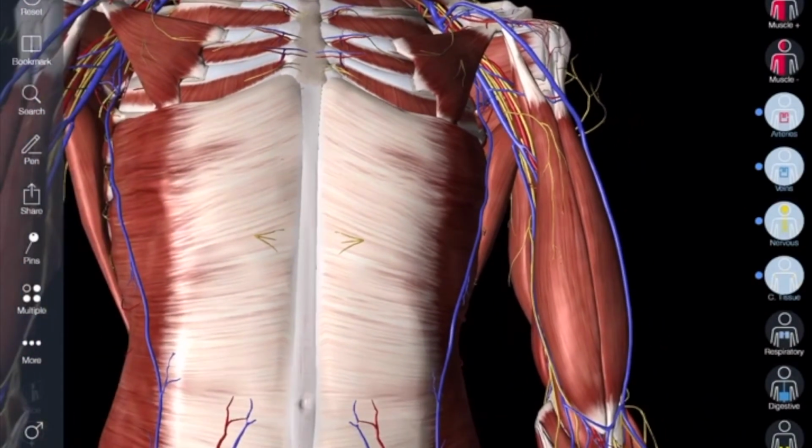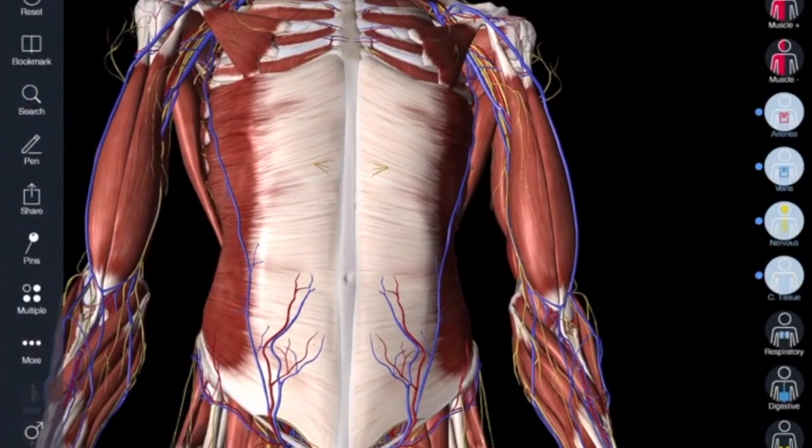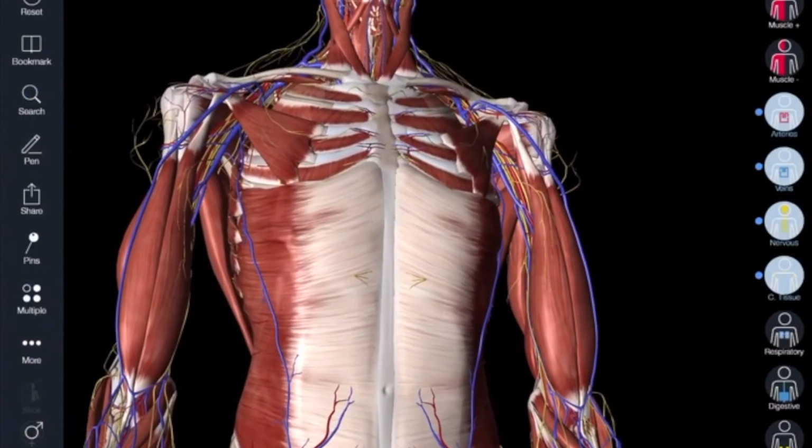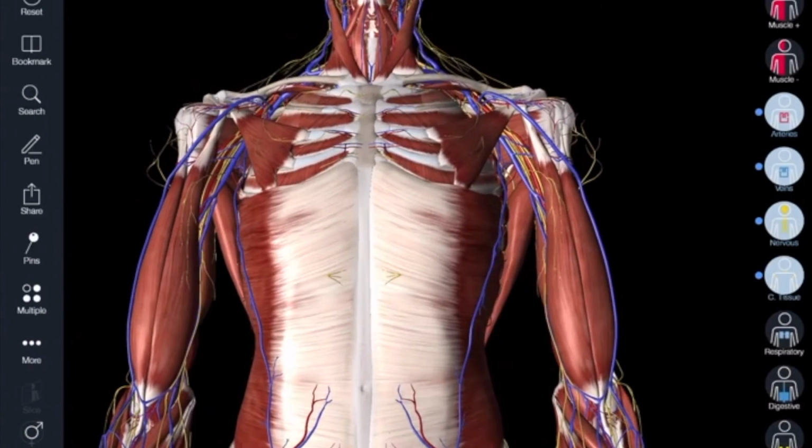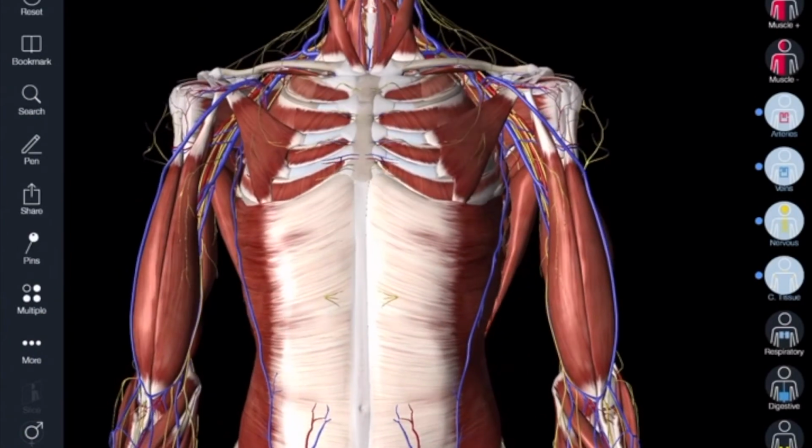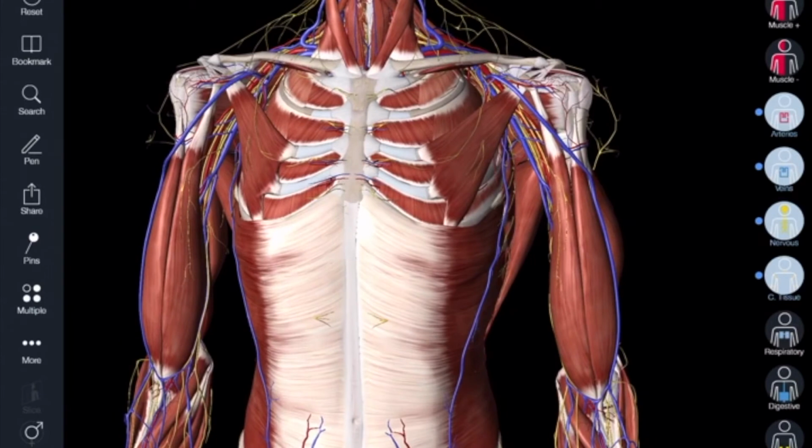So this is the nerve and blood supply to the arm. And if it gets impinged either by a tight, overworked pectoralis minor or tight, overworked scalenes, we can start to have symptoms down the arm.